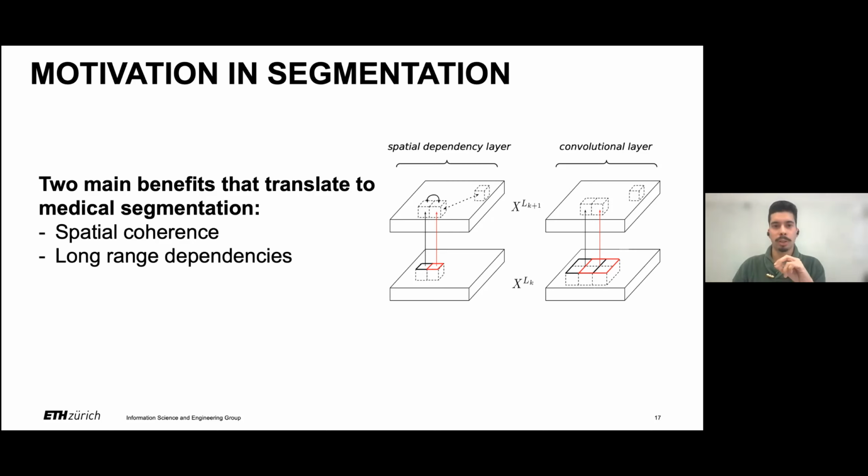This kind of modeling doesn't really happen in a convolutional layer, and it makes sense for segmentation, since closer features should map to spatially coherent segmentation masks. The second is long-range dependencies, which are never used in convolutional layers unless the receptive field for that pixel includes those features in the original image.